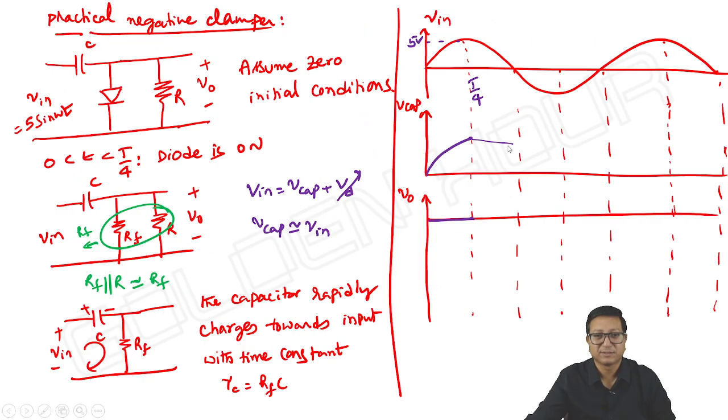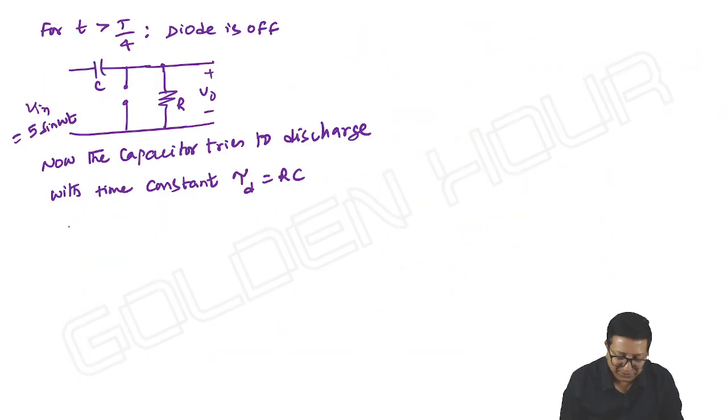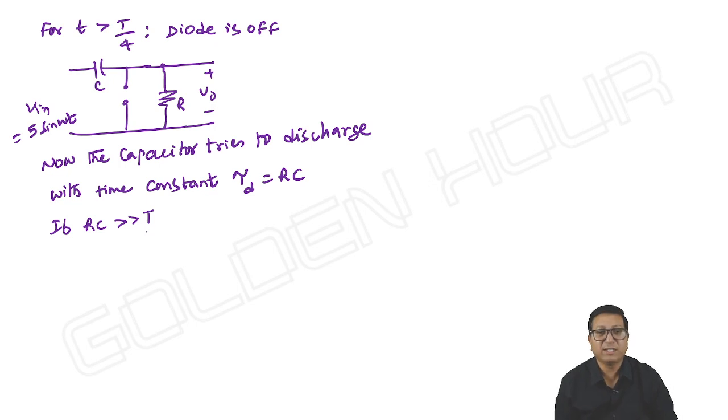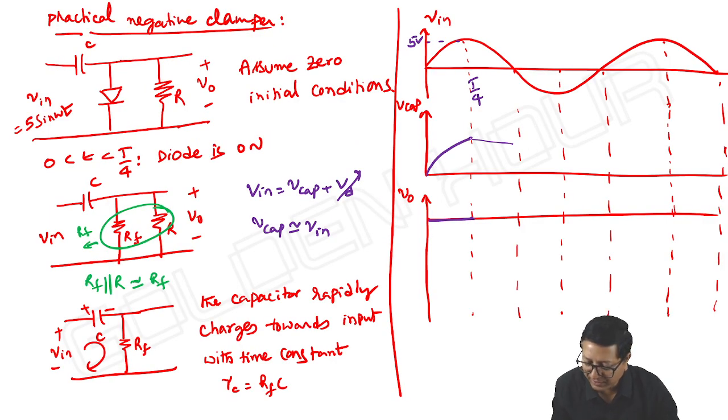But if I choose the time constant to be very large, if RC is far greater than T, where T is the time period of the input signal, then the capacitor slowly discharges. See this. The capacitor then slowly discharges like this.